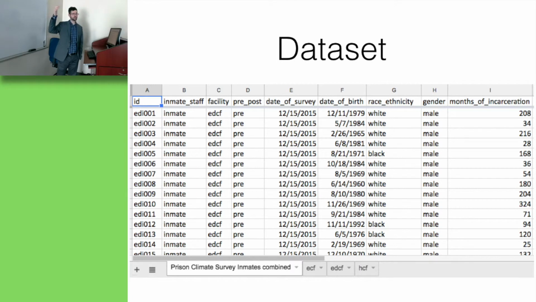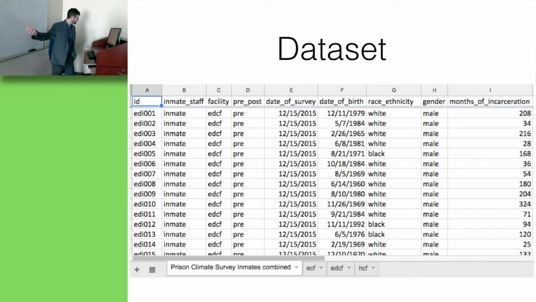This database shows the responses they gave me to a number of different survey questions. Each row represents a different inmate or guard. Each column represents a different variable about the inmate or the guard.